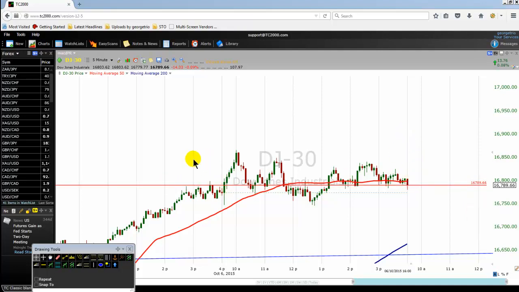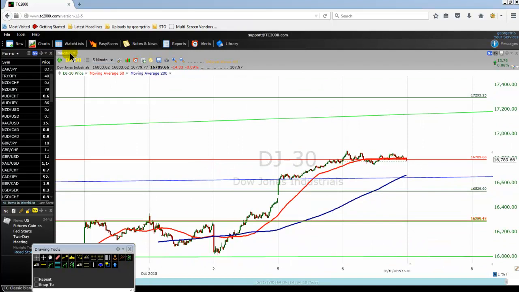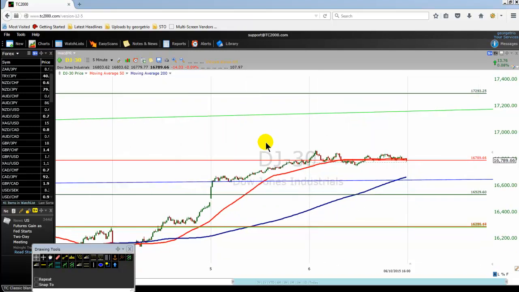So when the market is open, I'm coming here. You can see that on my 5-minute time frame, the moving average 50 is above the moving average 200. All right? But my setup is on a daily chart, and I'm going to combine the daily chart and the 5-minute chart straight away because I'm at a key level, okay? I can do that at a key level. I don't need a third time frame.